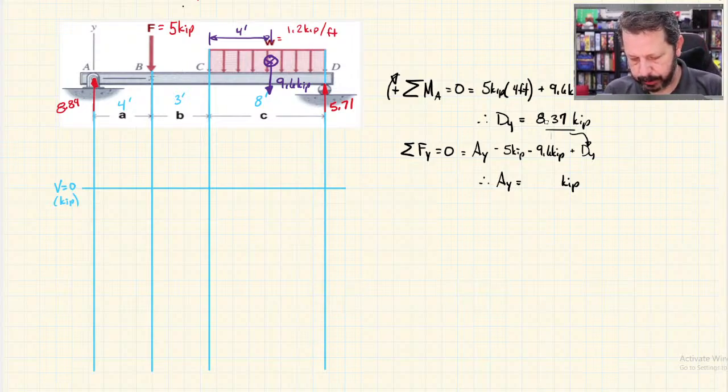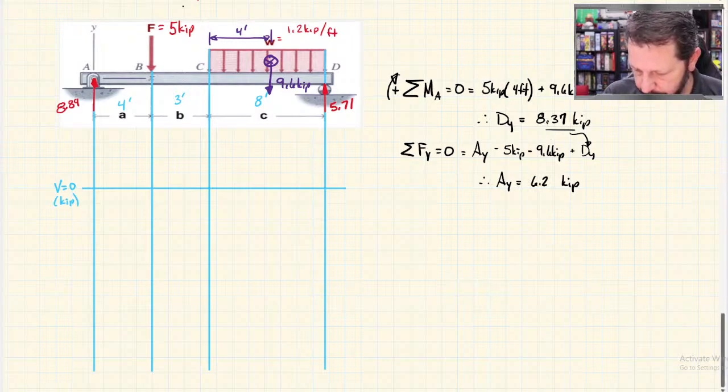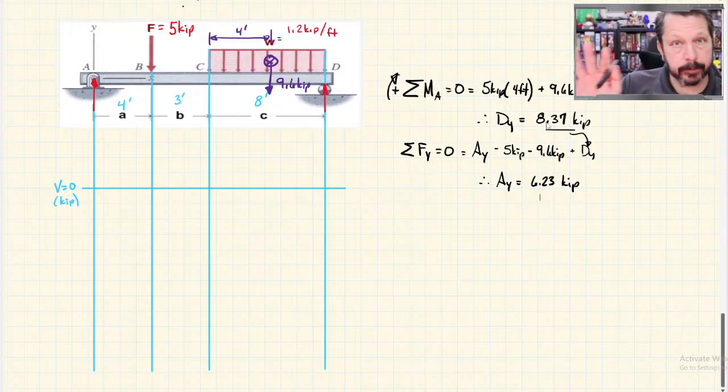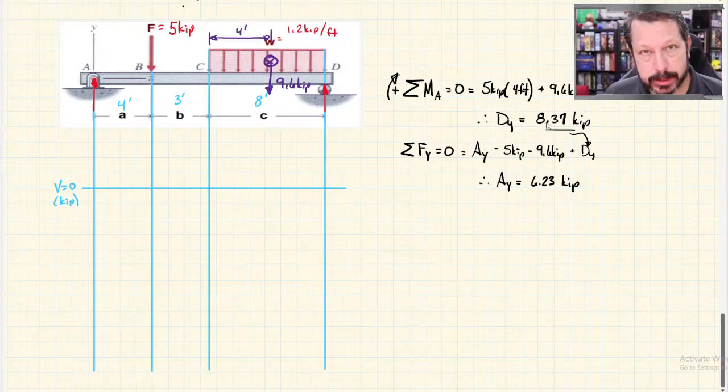5 plus 9.6 minus 8.37. So this one is 6.23. So what would have happened? This is one good thing about the shear and bending diagrams: we would have drawn the shear diagram and it would have worked out, start at 0 and end close to 0.